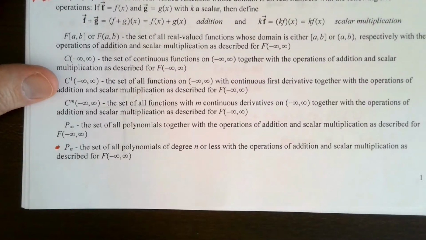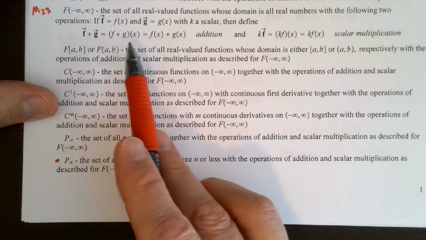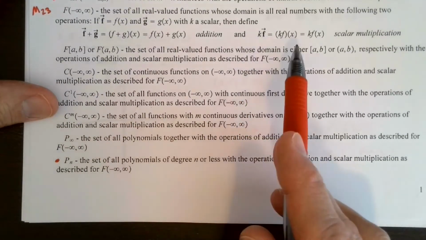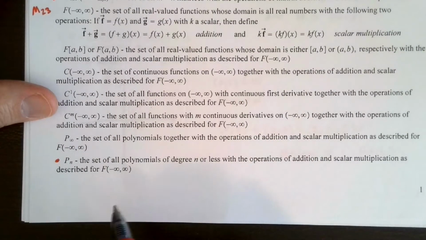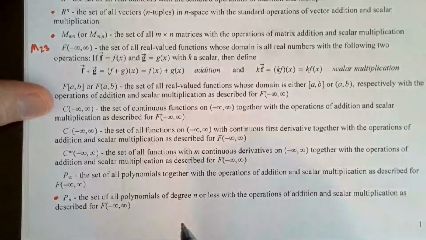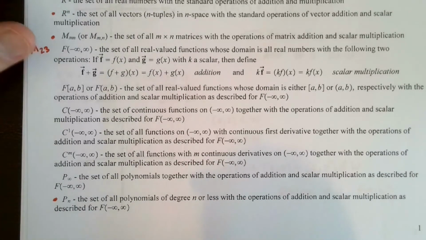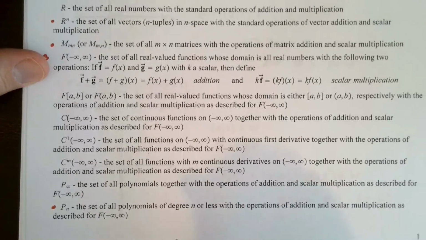And so those, with these defined operations for addition and scalar multiplication for functions, that set forms, again, a vector space. And there are other vector spaces that consist of other objects like infinite sequences of numbers and other such things. But these are the main three that we're going to focus on.